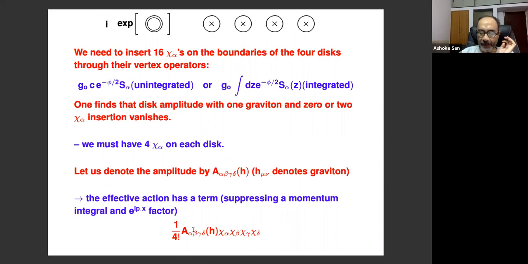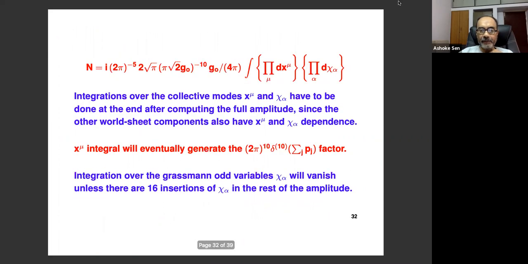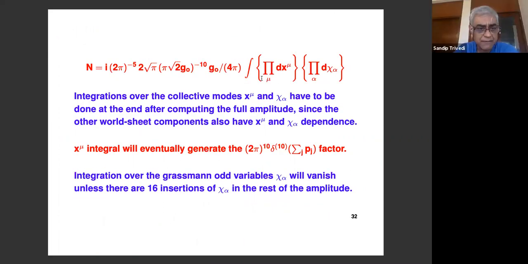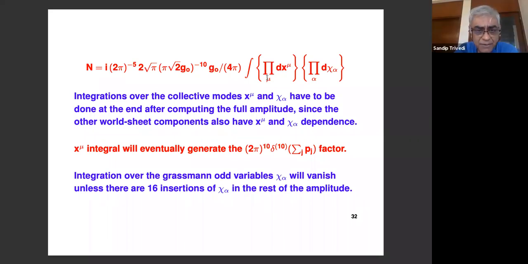So when you expand this out, you also get this e^{ip_i.x}, because these were accompanied by e^{ip_i.x}. And now we are going to do the d^10x integral, right? Because these integrals are left. Remember, they have to be done at the very end, after you multiply this by the rest of the amplitude. Right, that's what I was trying to.